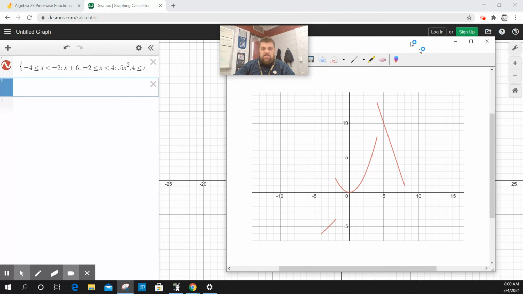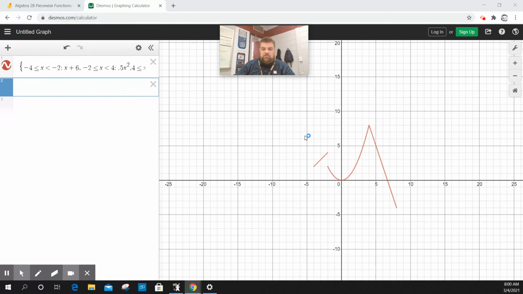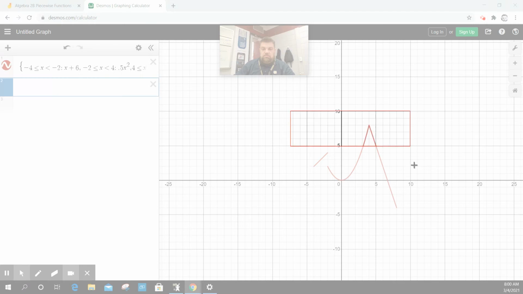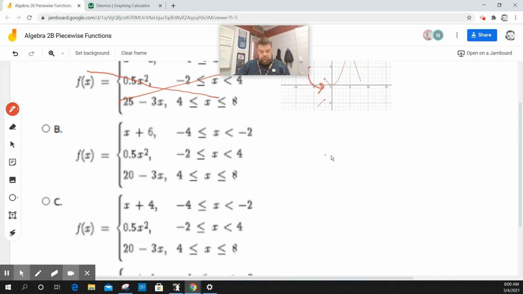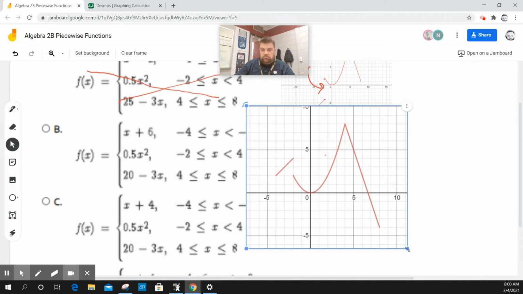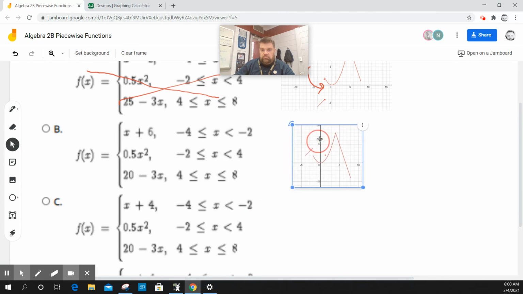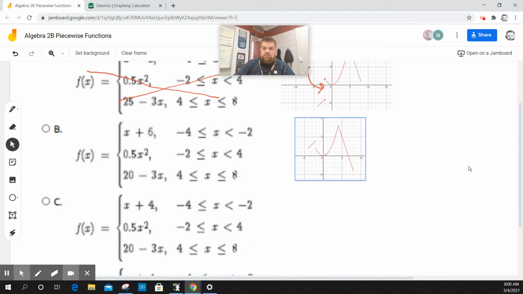Maybe it's C. So let's take a snapshot of that. Again, as you look at this, it can't be this one because we have another jump discontinuity.